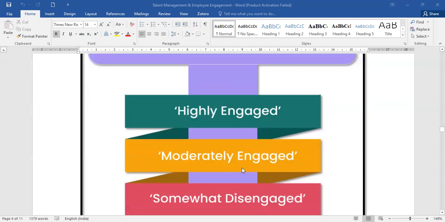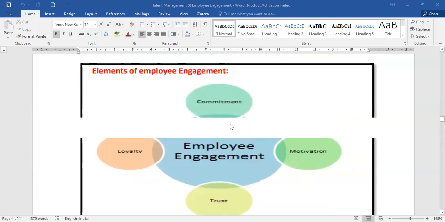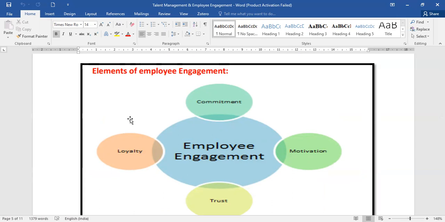Now, we studied engagement here, but keep in mind that when you talk about the engagement of employees, you should ensure that you put loyalty, commitment, motivation and trust in various forms. For example, physical engagement, wherein they put all their ability and experience into work.